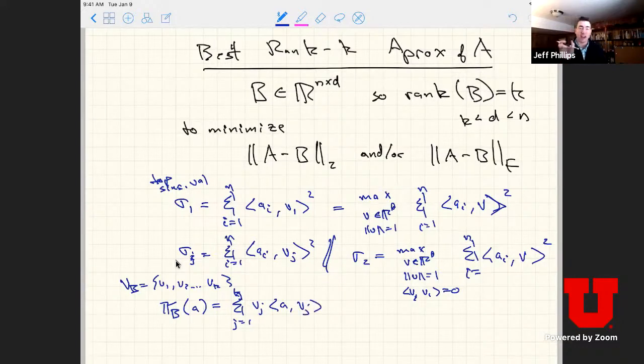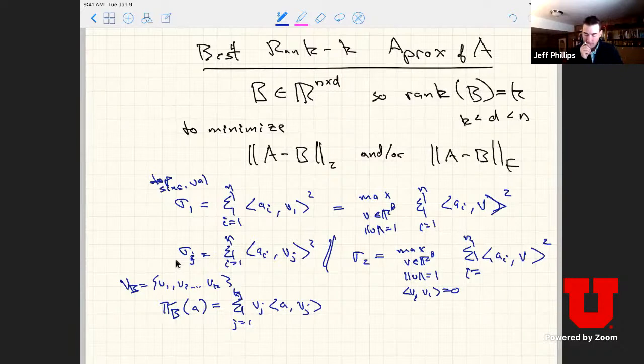So it's giving me the length, based on a dot v_j, times this direction v_j, and they're orthogonal. So I'm filling out this k-dimensional subspace in a d-dimensional domain by these vectors, adding one component at a time.